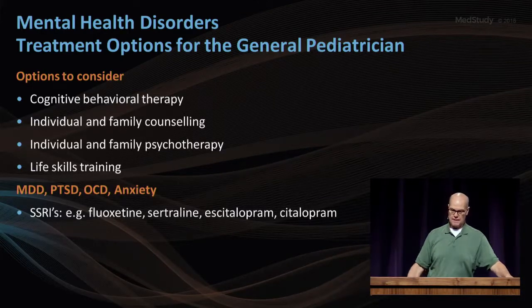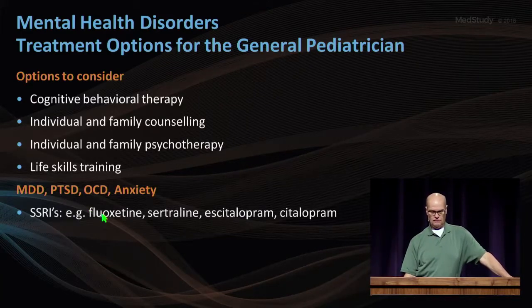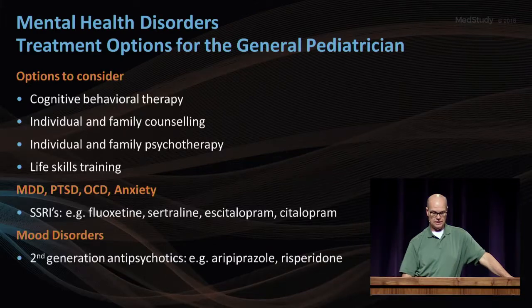In regards to meds, I think it's reasonable to know for your boards that SSRIs in general are the first line treatment for this. Fluoxetine, in regards to approval, is the only one that's actually approved for children in depression down to 8 years of age. But again, all of these are utilized oftentimes in the pediatric and certainly in the adolescent population.